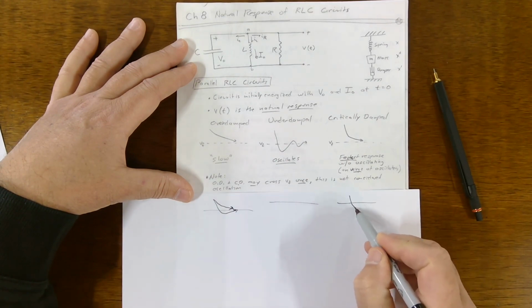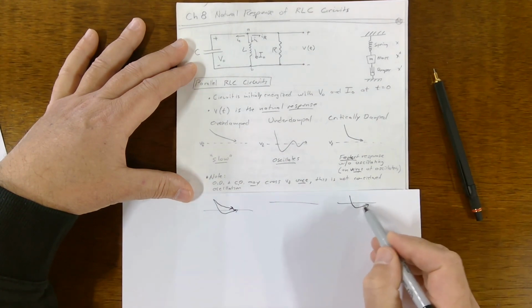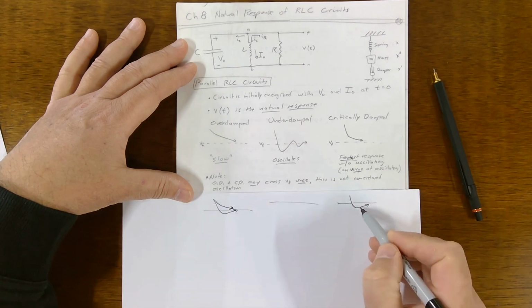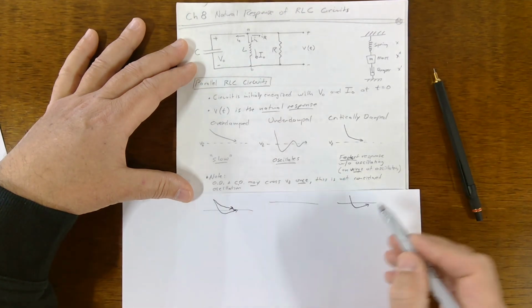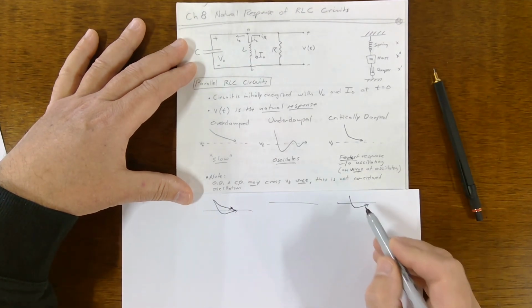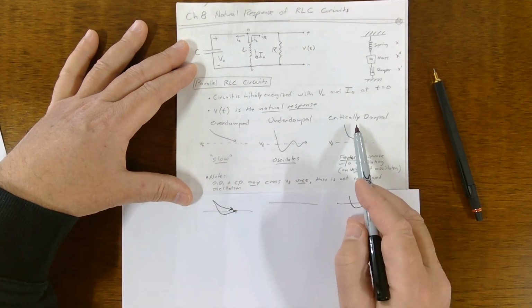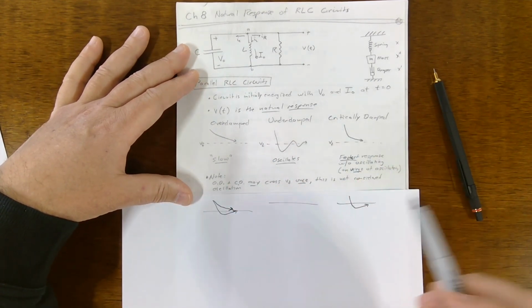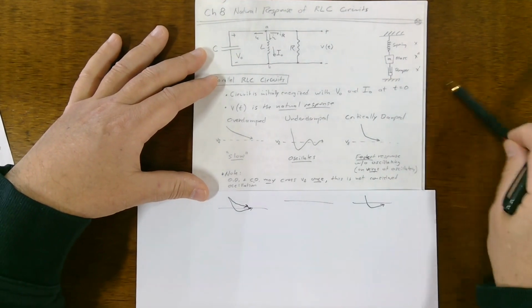Both of these could do this. So they can look like they're bouncing, but they're not. They look a little bit like they're oscillating, but they're not. So you really know from the math whether they're overdamped or critically damped. But I'm getting ahead of it a little bit.